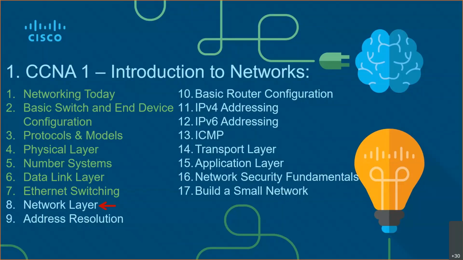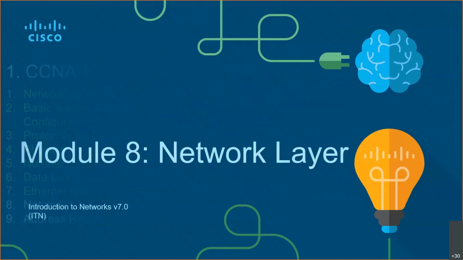But when you go to the network layer, you're talking about the IP addresses, IP version 4, IP version 6, which are the logical addresses. So keeping that in mind, let's dive into the network layer and learn more about it.